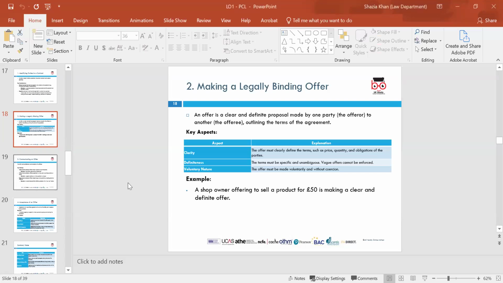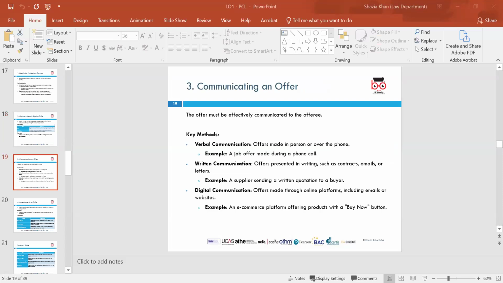The next one is the element of communicating an offer. It's really important to communicate an offer; this is one of the key elements. An offer can only be considered valid after it's communicated to the offeree. Communication of the contract is only complete when it's conveyed to the other party and accepted by them.